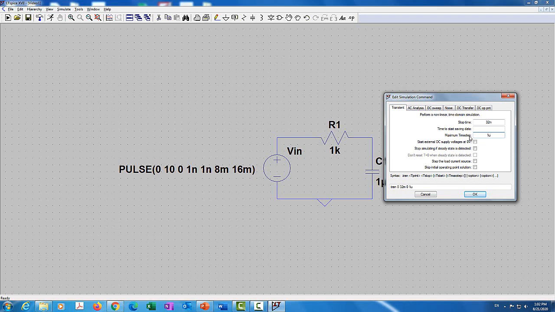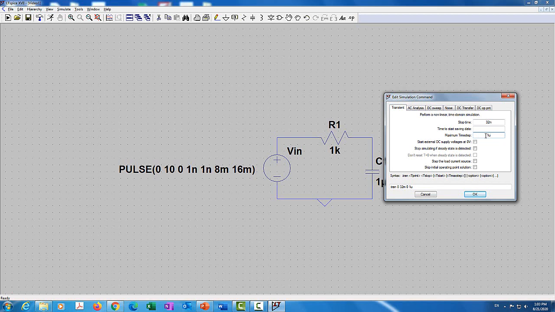That means it's a higher resolution, right? So here I will say that 1 micro is the maximum step size. So this is not a fixed step size. It's basically a changing step size, and the algorithm itself will predict what the next step size is going to be, but it can't go any higher than 1 micro.